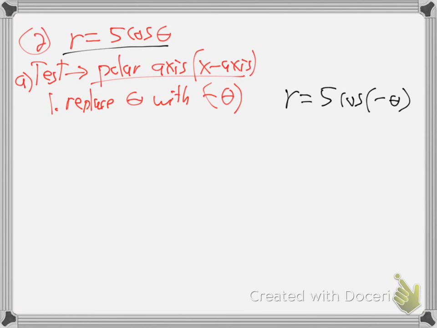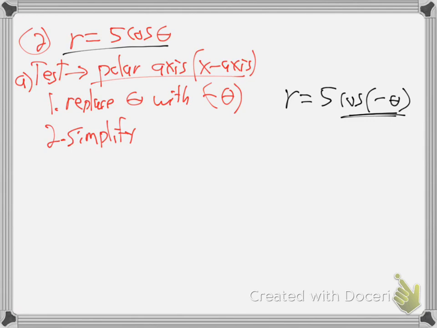Step 2. What are you supposed to do second? Simplify. So let's take it and simplify. That negative, so what did we review? Negative inside of a cosine. Finals in 2 days. We'll be tested on even and odd functions. It's one of the many things we've learned. It becomes positive.